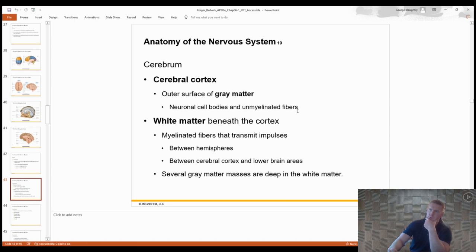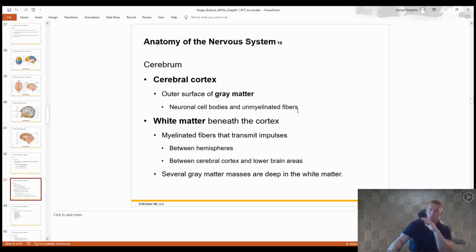Okay. The cerebrum is composed of the cerebral cortex, and the cerebral cortex has an outer portion and an inner portion, of course. The outer portion is the gray matter, and the inner portion is the white matter. What are the differences between gray matter and white matter of the cerebral cortex? Simply put, gray matter are unmyelinated fibers, and white matter are myelinated fibers, and therefore it's contributing to the general color of it, right?